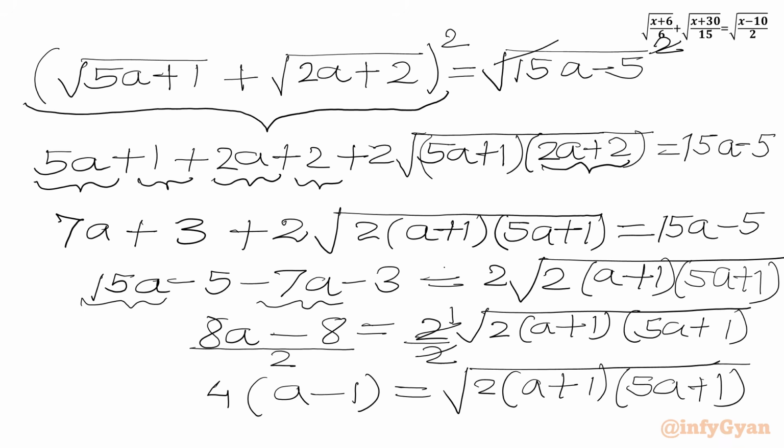Now we have a square root in RHS. And if we want to eliminate a square root, we need to consider squaring both sides. So we will put power 2 on both the sides. Square root and square will get cancelled out from the right hand side. We will get 4 square is 16 times a minus 1 whole square in LHS.